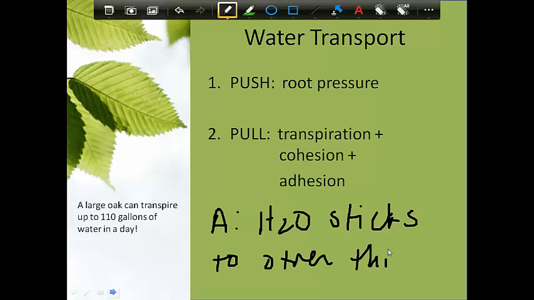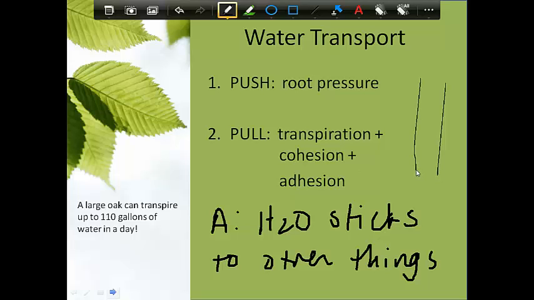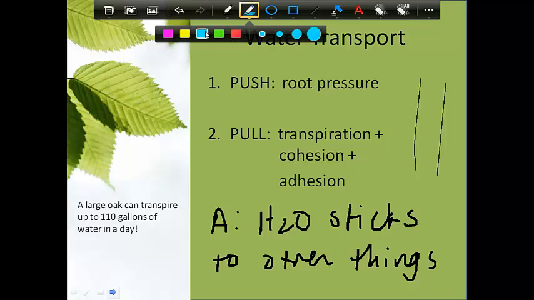Now, you've all seen this, like on your windshield, for example, when it rains and the water droplets stick to the glass. So when the water is sitting in that xylem tube, we just went over this drawing, but remember, here's our xylem, like a straw. Instead of falling down because of gravity, it's going to stick to the walls of the xylem. That's adhesion.